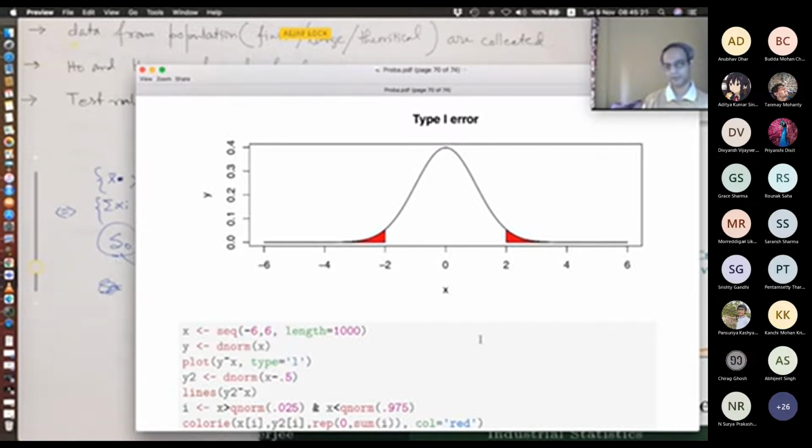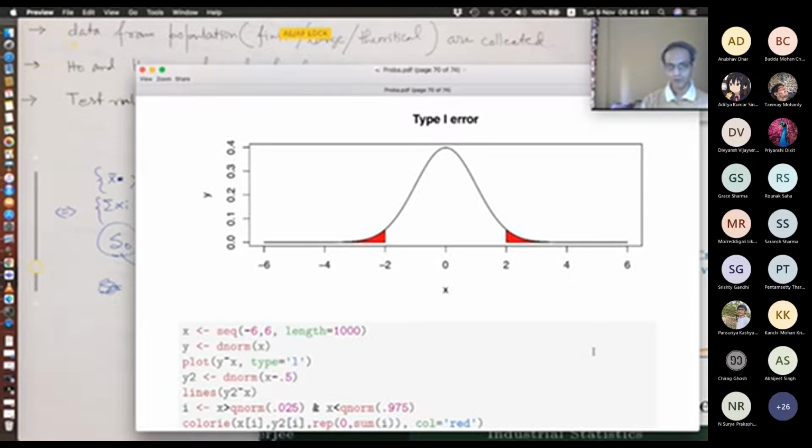If that is your testing rule, then if the average value of the data falls in this part or this part in the red region, you will reject the null hypothesis. So the absolute value of the sample mean is greater than 2. So it is either less than -2 or greater than +2. You reject the null hypothesis.